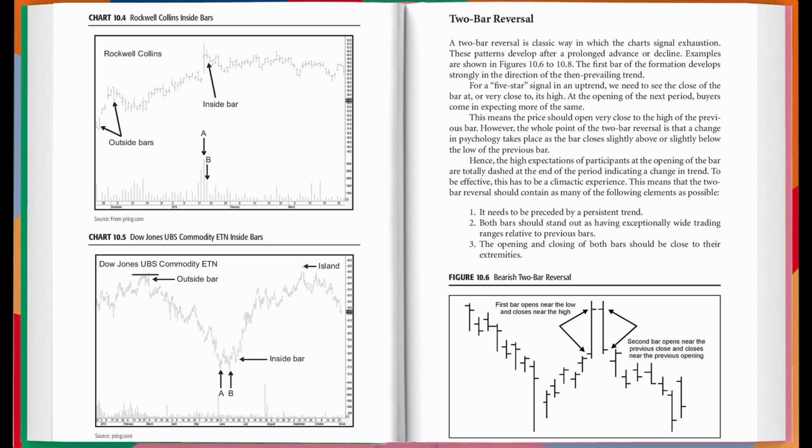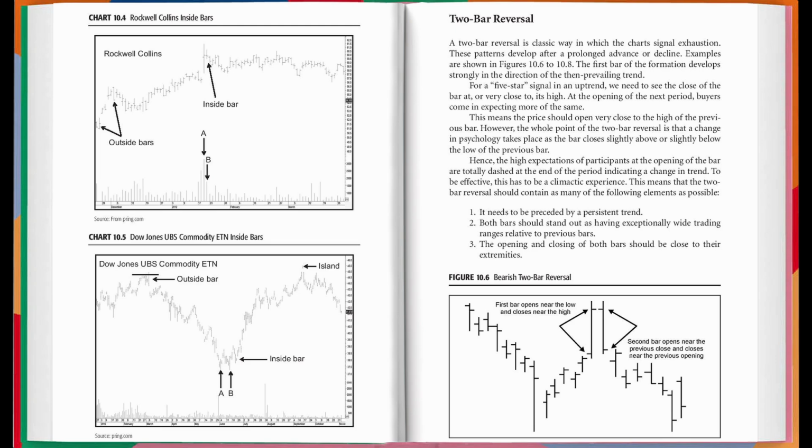The first bar of the formation develops strongly in the direction of the then prevailing trend. For a 5-star signal in an uptrend, we need to see the close of the bar at, or very close to, its high. At the opening of the next period, buyers come in expecting more of the same. This means the price should open very close to the high of the previous bar.